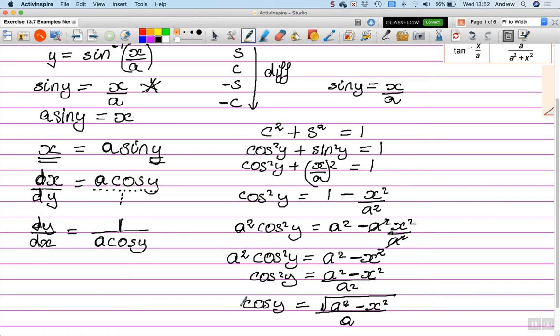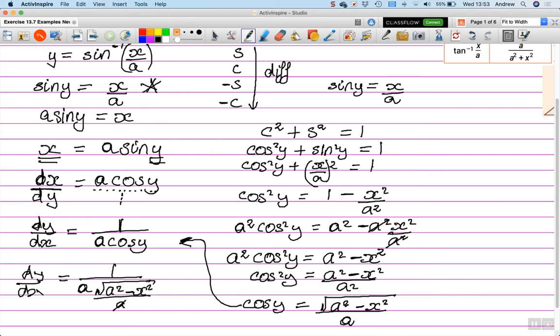I'm now going to substitute this into this line here. So I've now got dy dx is equal to 1 over a on the square root of a squared minus x squared all over a.